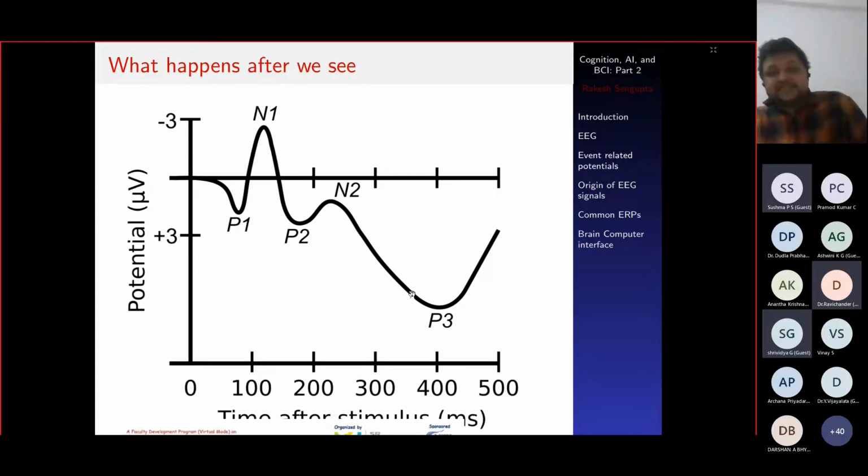Now, this is actually what happens after we see the stimulus. Here, compared to before, I have the positives plotted downwards. Please do not read anything into it. It's a convention. When you ask neuroscientists, they will not be able to give you answers either.